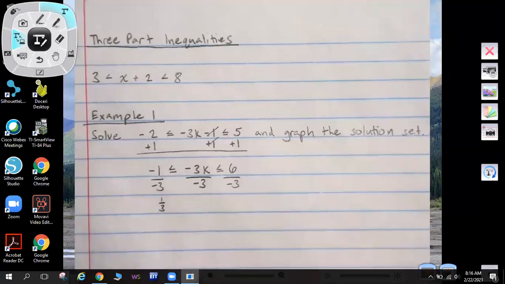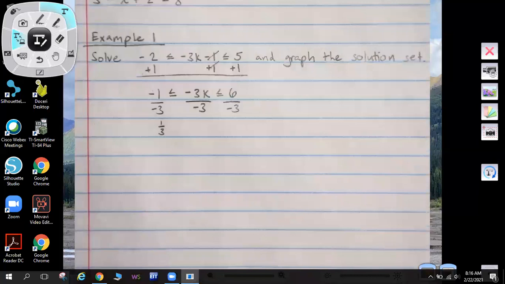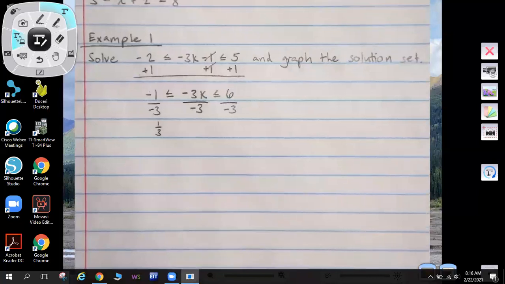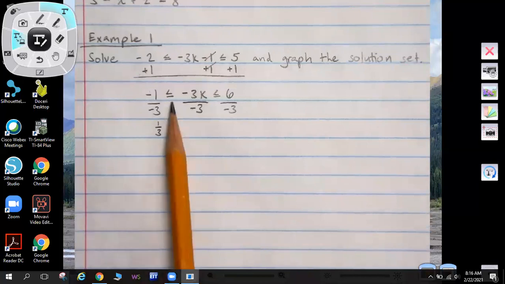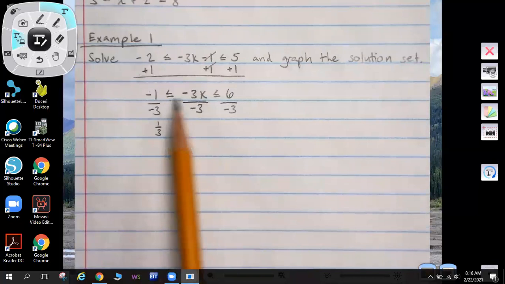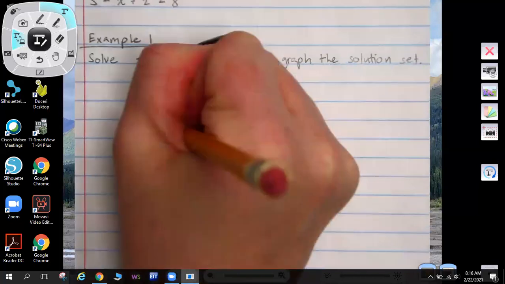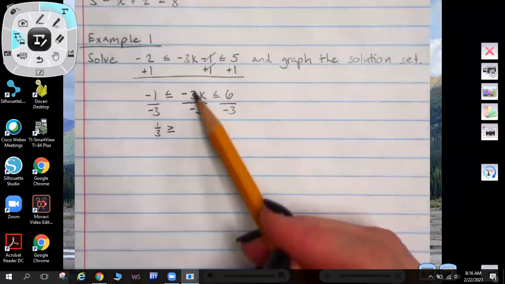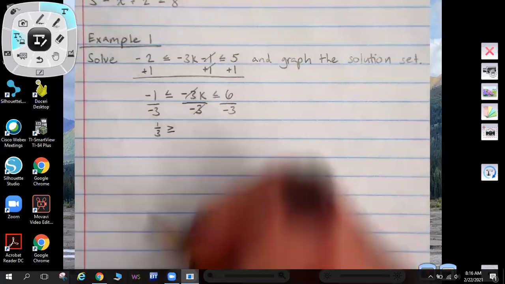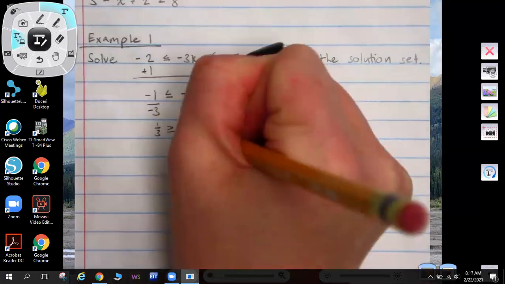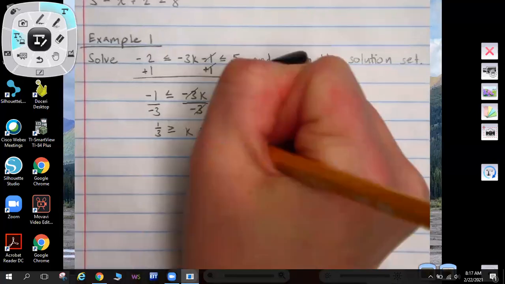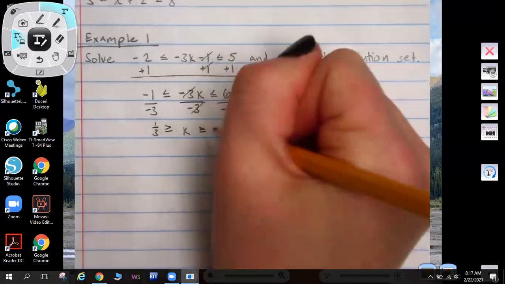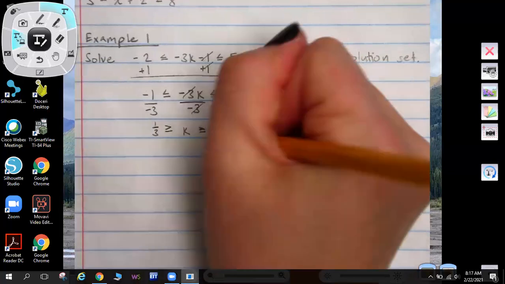We learned when we first started talking about inequalities, or I reminded you, you should have learned it a while back, that when you divide by a negative and you're working with an inequality, the sign flips. So since we're dividing by a negative here, both of our inequality signs are going to flip. The -3's cancel out and leave us with k. Flip this sign, so it's not less than anymore, it's greater than. And 6 divided by -3 is -2.